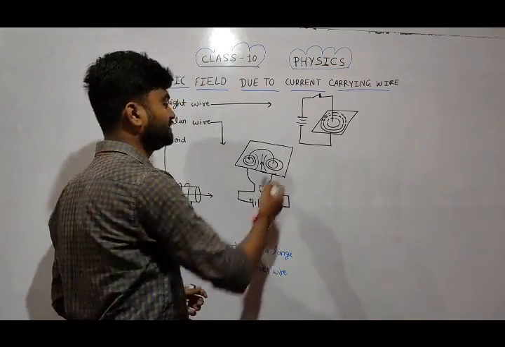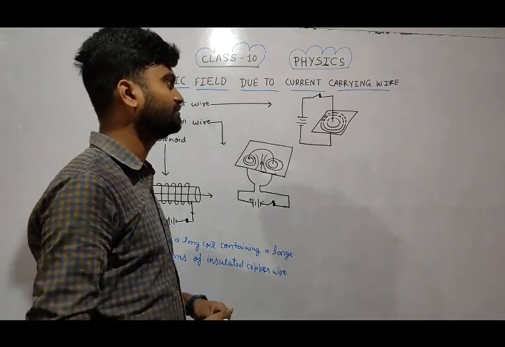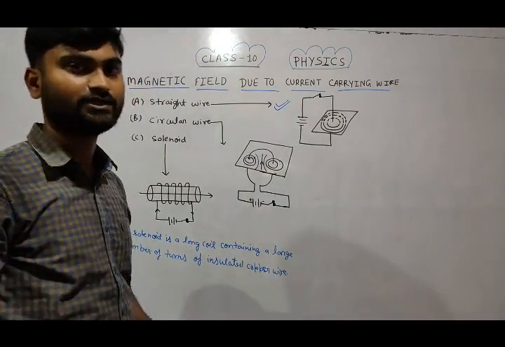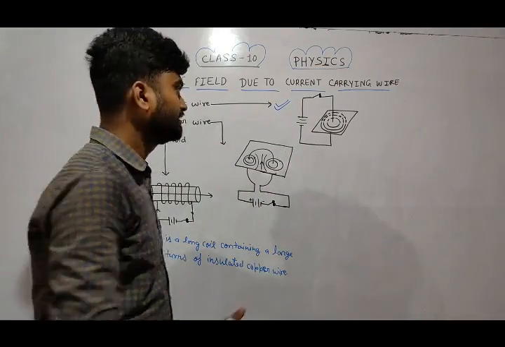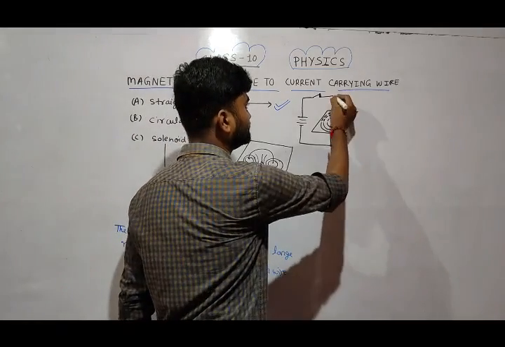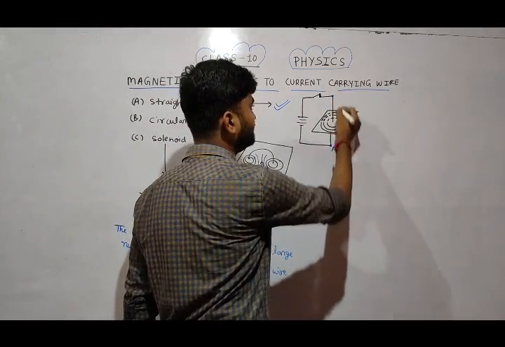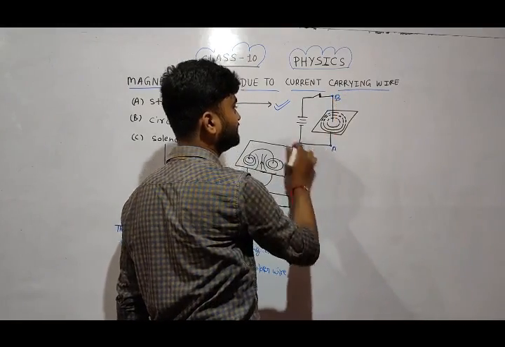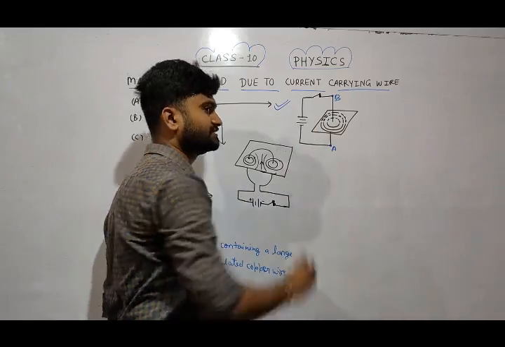So here is the schematic diagram to illustrate the magnetic field lines due to the current carrying straight wire. Suppose this is a straight wire AB, and these are the connecting wires, and this is the battery, and this is the key.